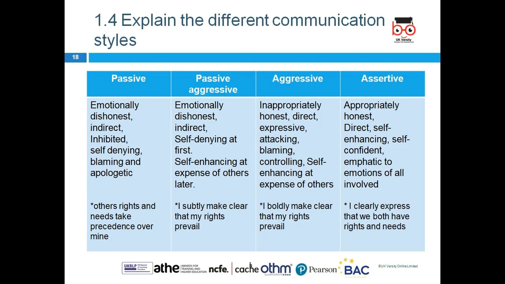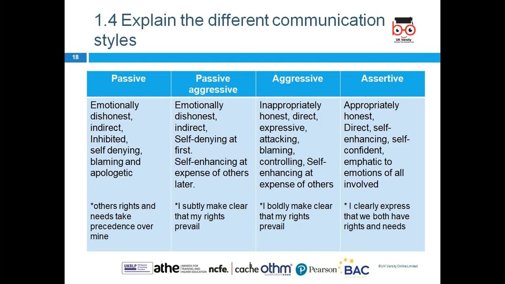If we were working together and I was a passive-aggressive person, I'd make sure that I walked all over you to get to the position that I wanted, and I wouldn't care what repercussions you face, as long as I got to where I wanted to get to. What a passive-aggressive person makes clear is, subtly, that my rights are better than yours, my rights are more important than your rights. But they do that in a very subtle way. They're not just shouting out and saying, I'm better than you or I'm more important than you.